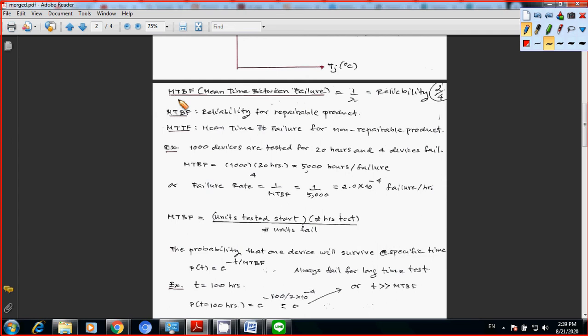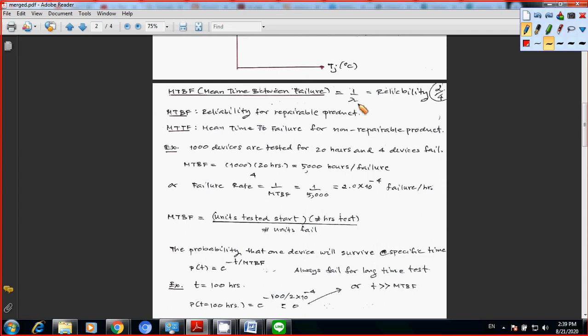It is the reliability, correct? Because if the failure rate is very large, you have lower reliability, or your system is not good. You expect lambda to be very small, so your reliability is going to be a larger number. That's what you expect.